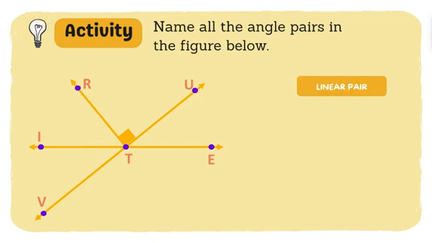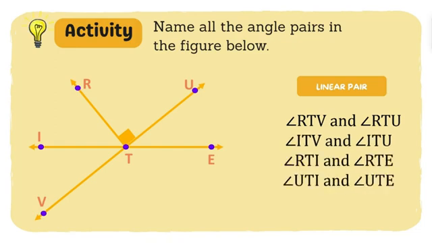Okay, so lastly po is yung ating linear pairs. Remember, linear pairs are angles that are adjacent and at the same time supplementary. So, ito po yung mga linear pairs natin dito sa ating figure. If you remember a while ago, ito rin po yung mga supplementary angles natin. So we have angle RTV and angle RTU, angle ITV and angle ITU.